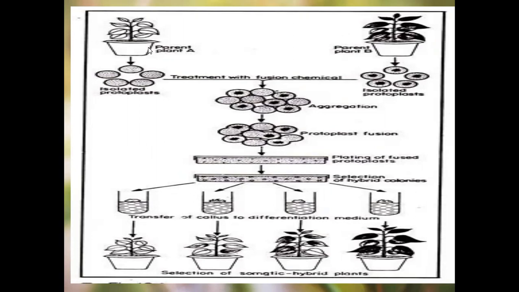Mixed characters means the desired characters present in the two parental plants are passed to the next generation by somatic hybridization or protoplast fusion culture. It is the main theme of somatic hybridization or parasexual hybridization.